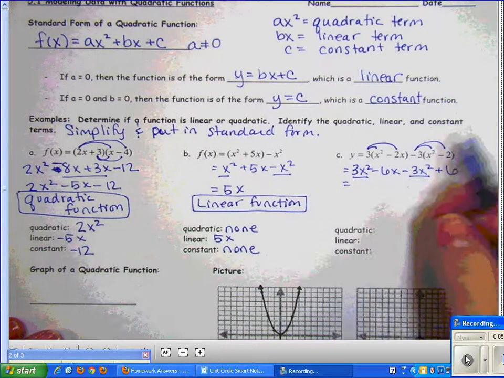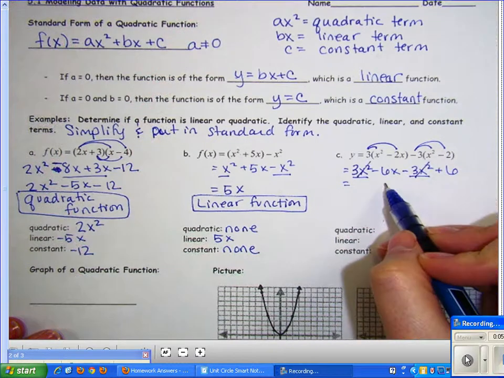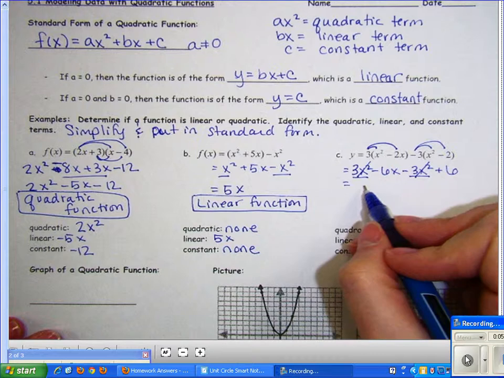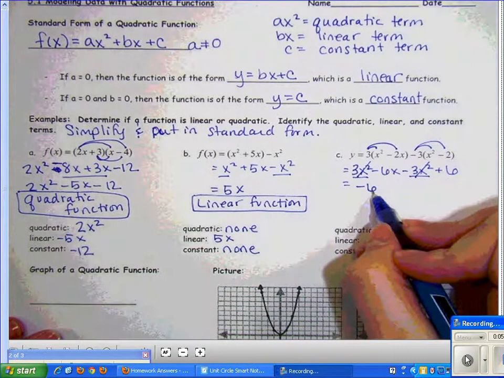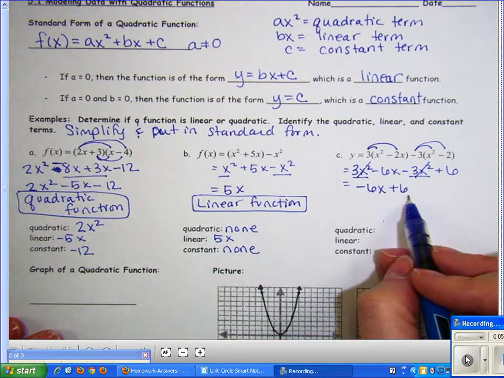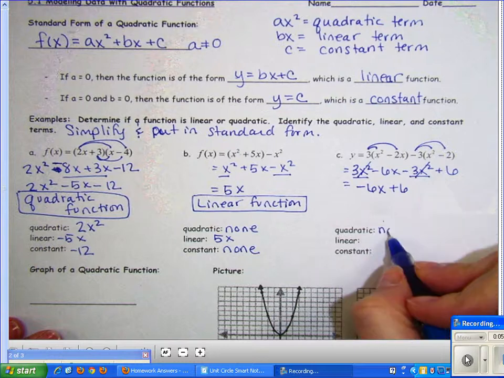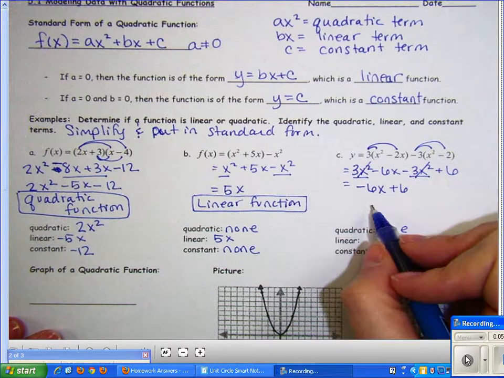So 3x squared minus 3x squared cancels itself out. And then you have negative 6x plus 6, and those are not like terms, so it stays negative 6x plus 6. And for this one, I know this is in standard form. This term is linear. This is constant. There is no quadratic term. So since there's no quadratic term, this is a linear function.